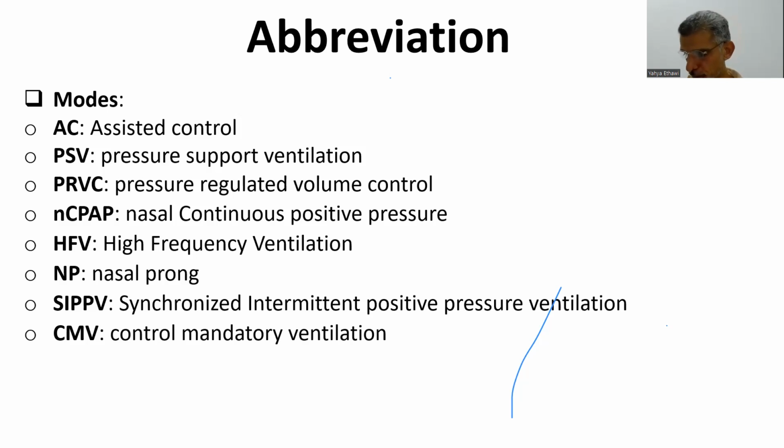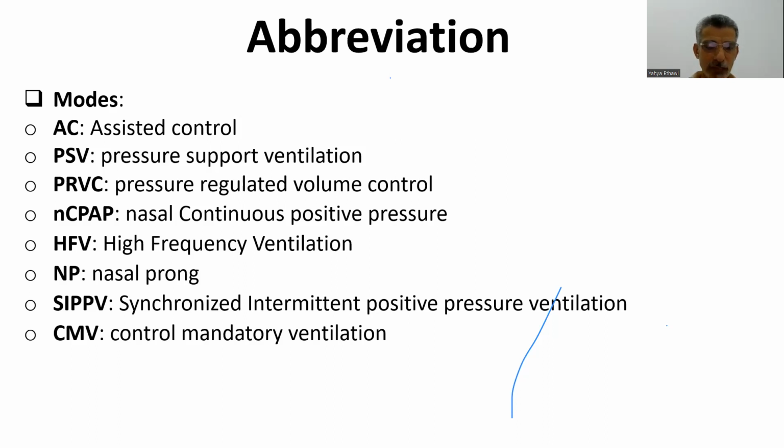So if we give 12 to 60, probably you are on conventional mechanical ventilation. But sometimes we give very, very high rates in a very sick baby, 600, 1000. This is called high frequency, and the abbreviation is HFV. We also give nasal prong and nasal cannula, and later on I will explain the difference.